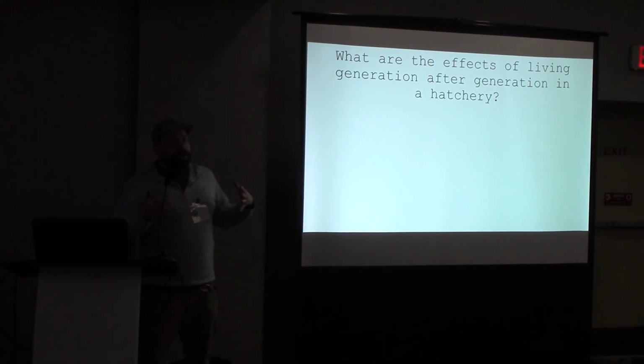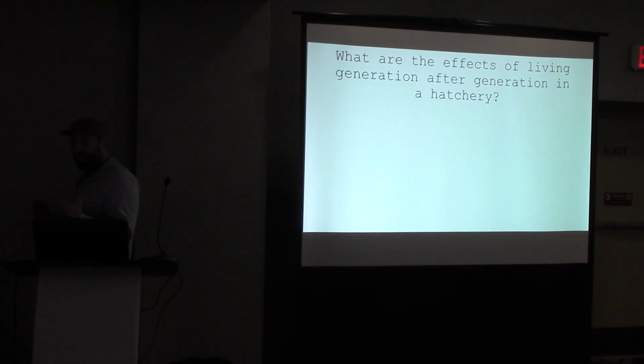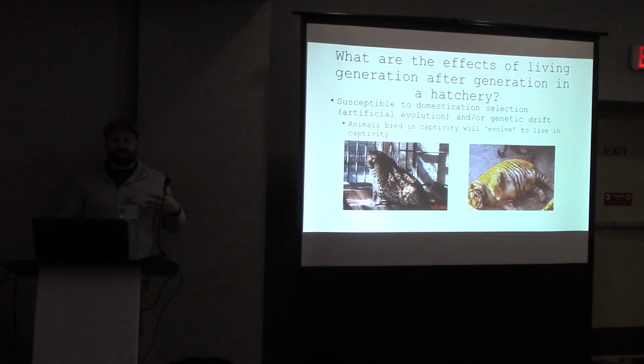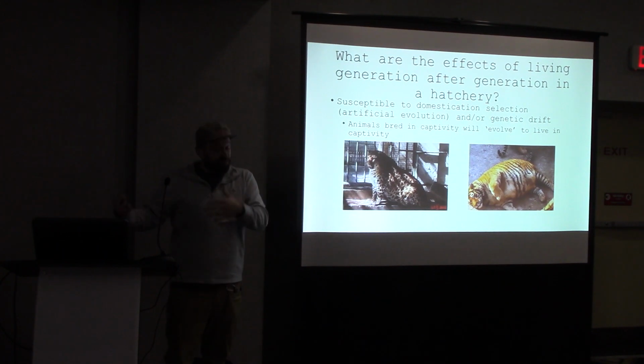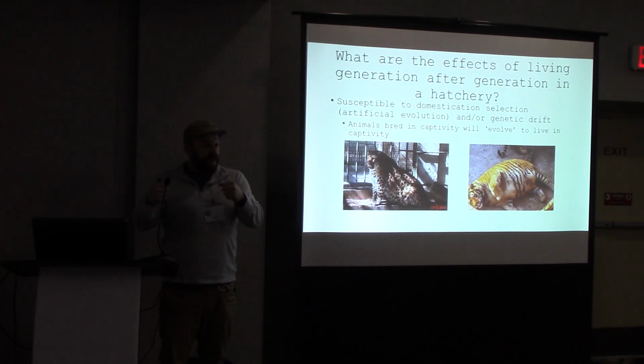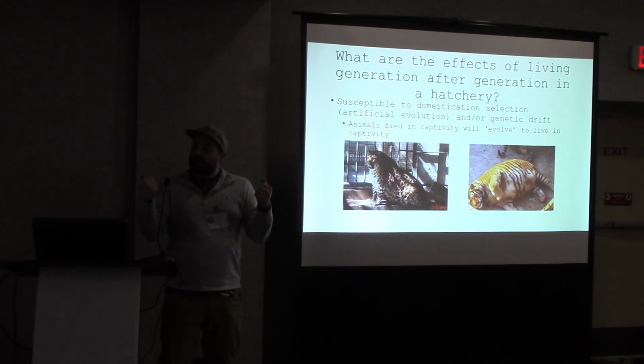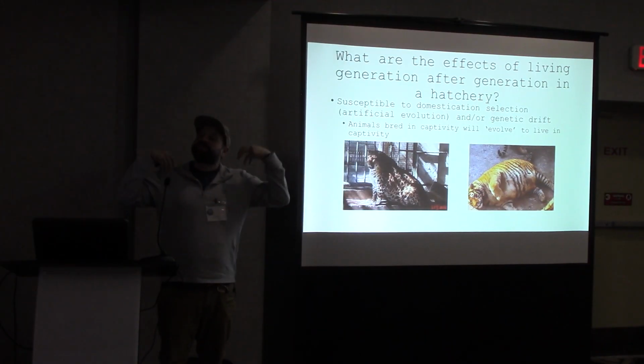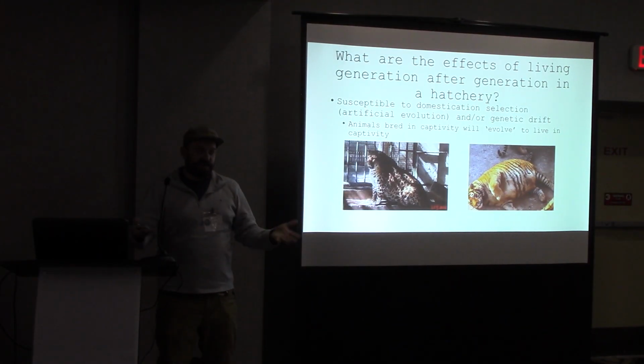What's going on? Well, it could be genetic in nature. What are the effects of living generation after generation in a hatchery? Oftentimes animals become susceptible to domestication selection or genetic drift. Genetic drift being random change in allele frequencies, super powerful in small populations. What are small populations? Hatchery populations.